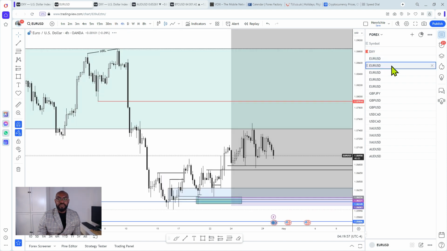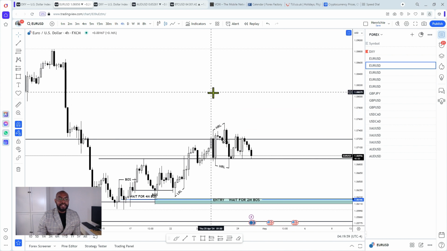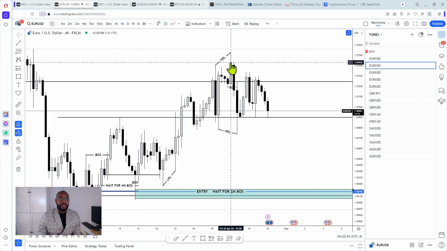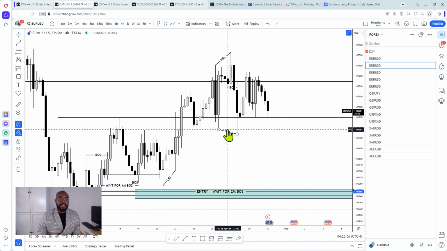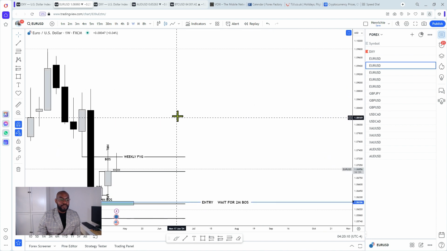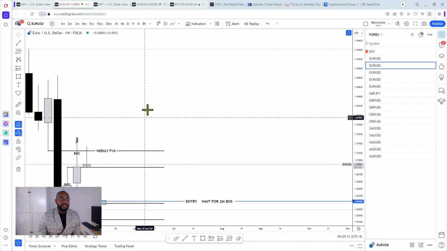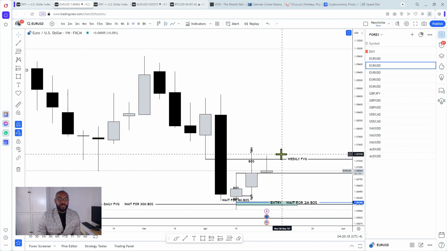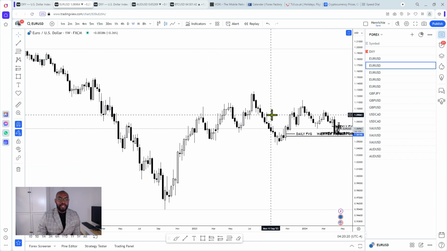So we look at Euro as well. You can basically see Euro has very, very lethargic price action, and we have high resistance liquidity here, high resistance liquidity here. So where is price going to go eventually? And we also have weekly inefficiency here. So maybe we reject off this weekly inefficiency and we'll continue lower.